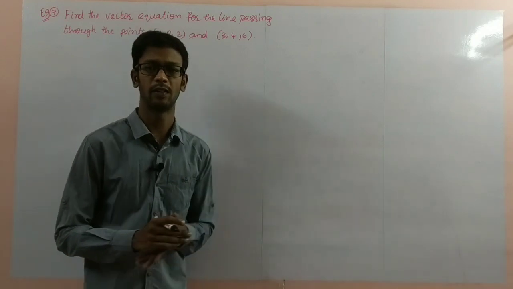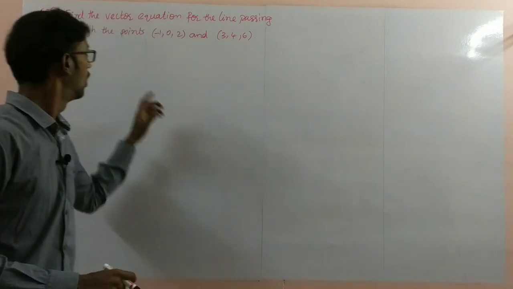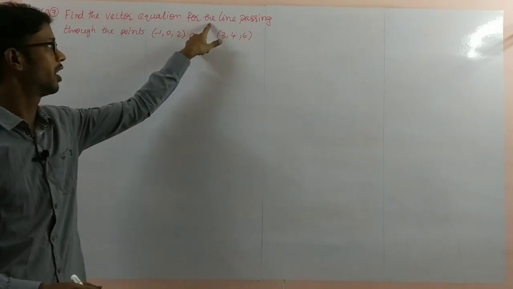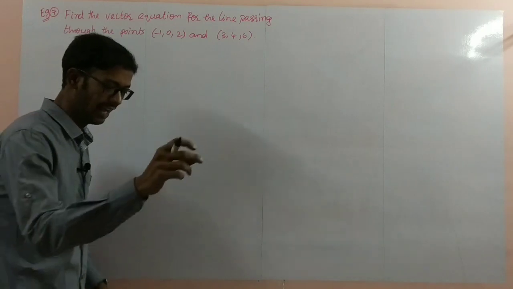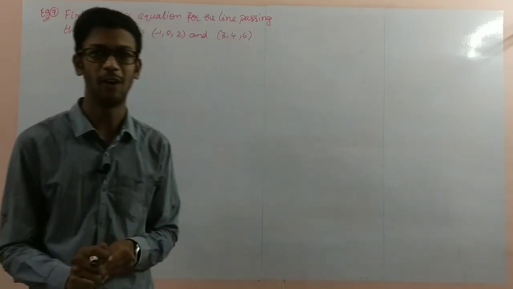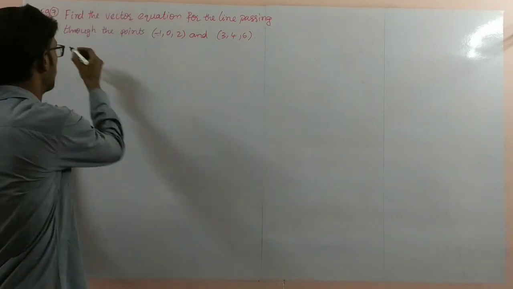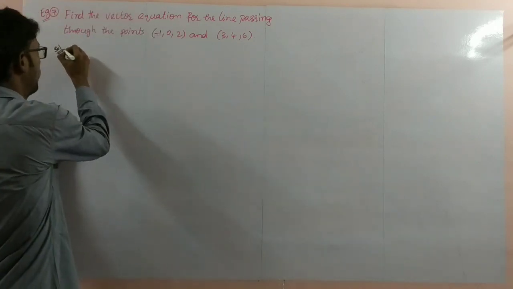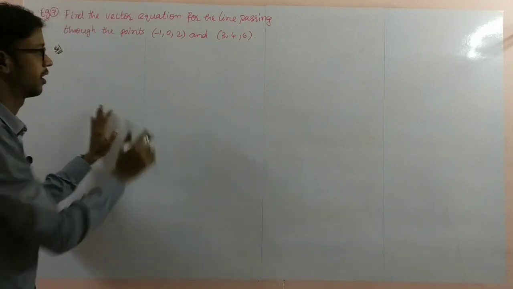Based upon the previous theorem, we discuss one example problem here. Find the vector equation for the line passing through 2 points. Vector equation is asked. First of all, take the given points as position vectors. Vector form means you compulsorily have to write the points as position vectors.